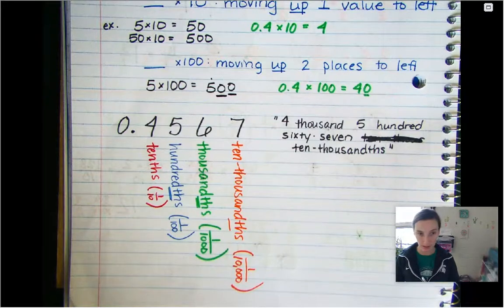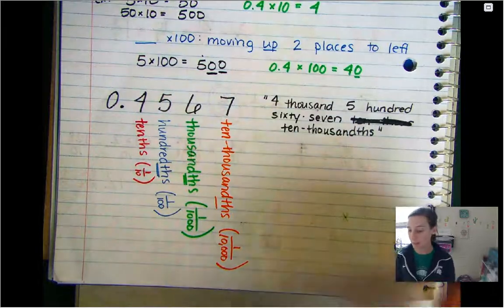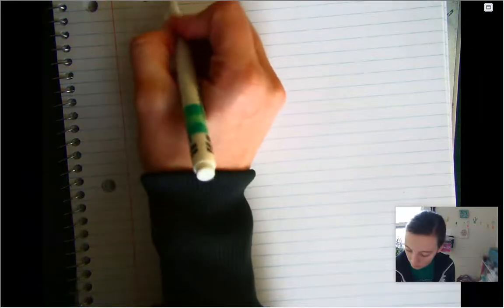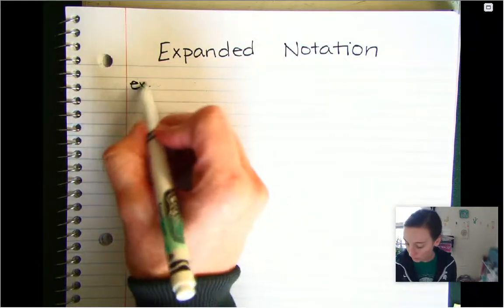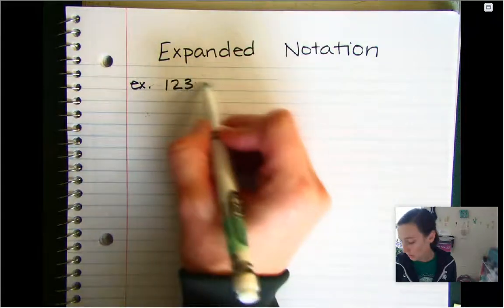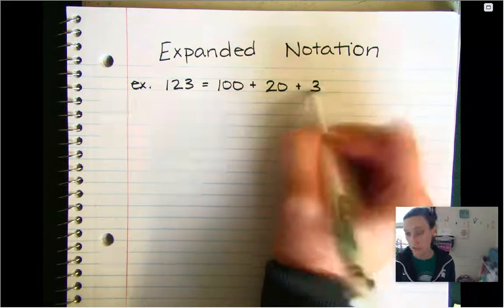Okay, so that's decimal place value. You've talked about expanded notation before. For example, the example from the last page, 123 in expanded notation is 100 plus 20 plus 3.